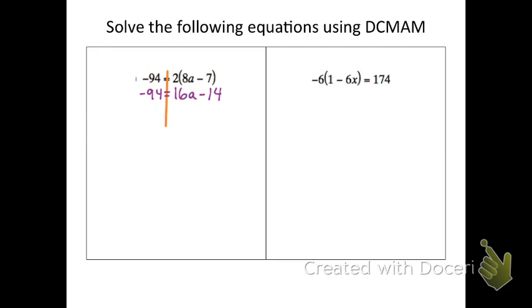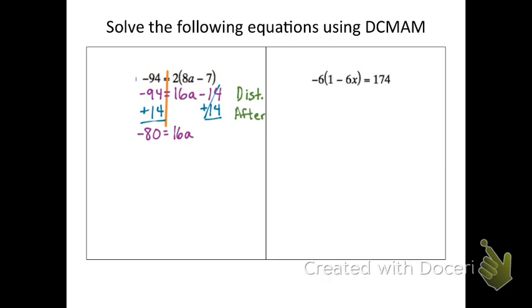The fourth step is to either add or subtract in order to isolate our variable. So we are going to add 14 to both sides, and the 14s are going to cancel out. Then I'm going to get negative 80 equals 16a.